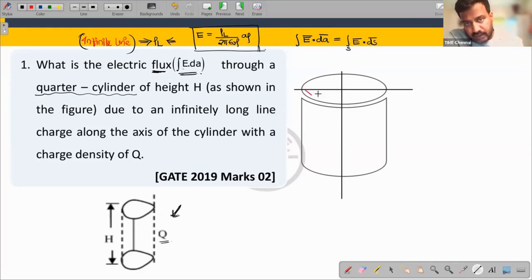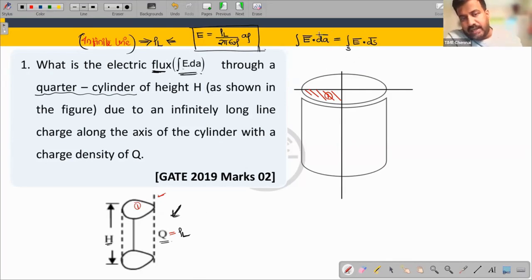If I only take this red portion, the center through which the charge is passing will be on the right hand side like this. So the line charge is forming on the right hand side this way. Let the line charge density be Q and the height be H.